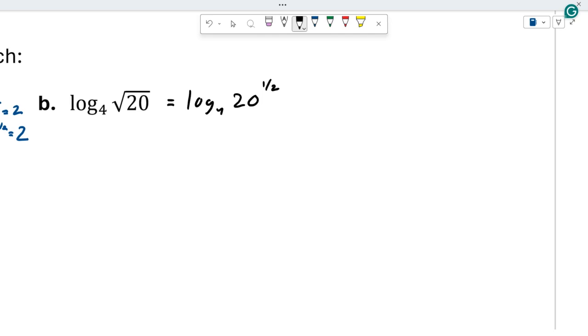And like I alluded to, the reason I'm doing this is because I want to apply the power rule. The power rule for logarithms says that when I have an exponent on my argument going into the logarithm, I can take this exponent, whatever it is, and put it out in front like a coefficient. So instead of an exponent, we treat it like a coefficient.